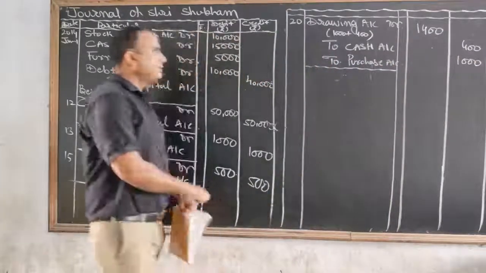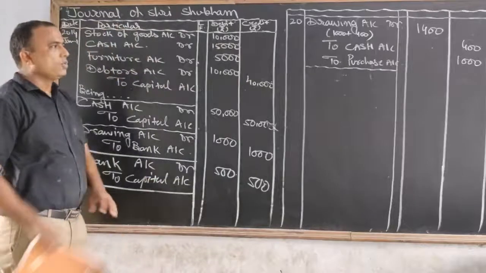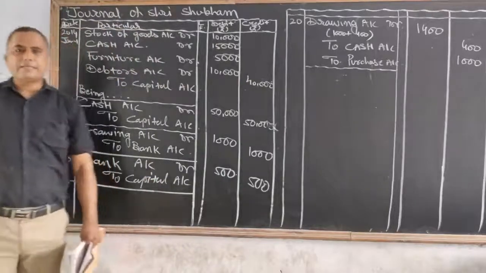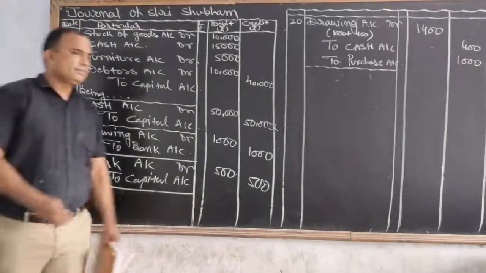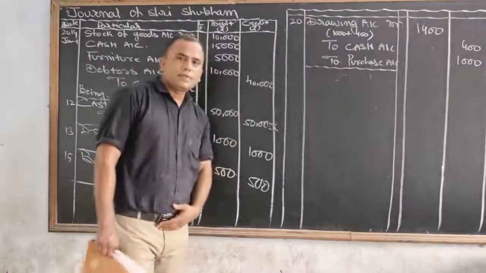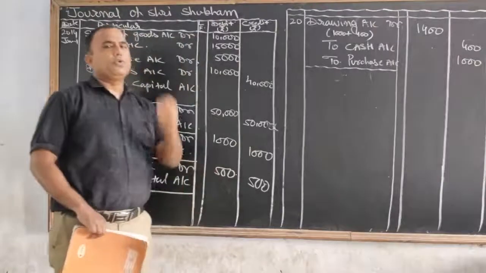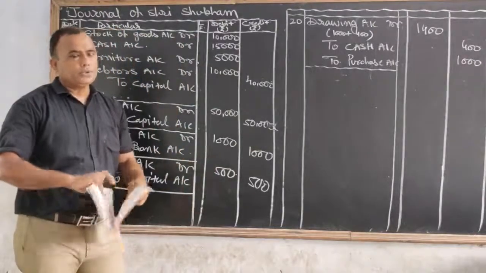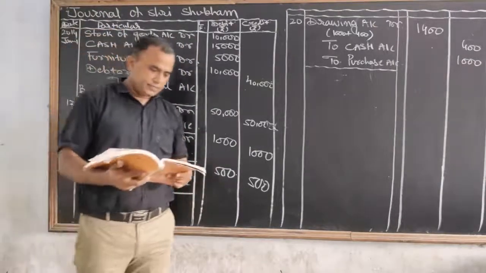Drawing account debit to cash account, to purchase account. Narration: Being withdrawn cash and goods for the personal use by the owner.